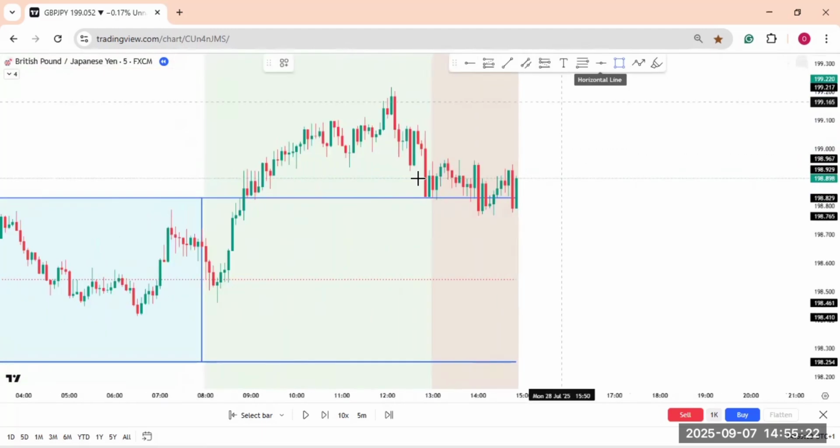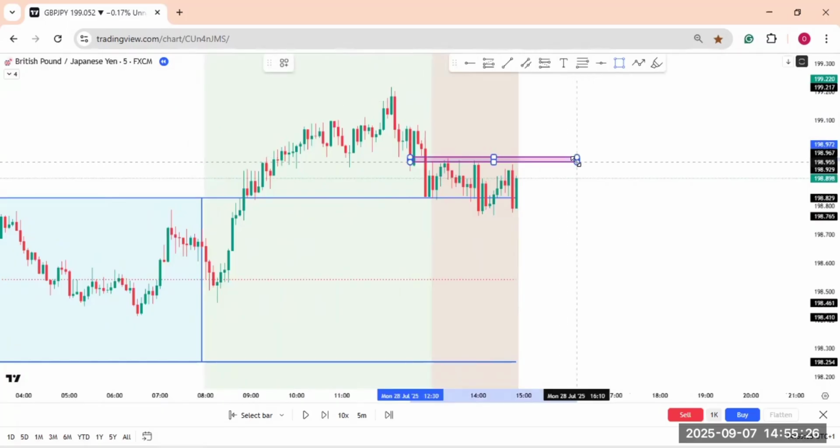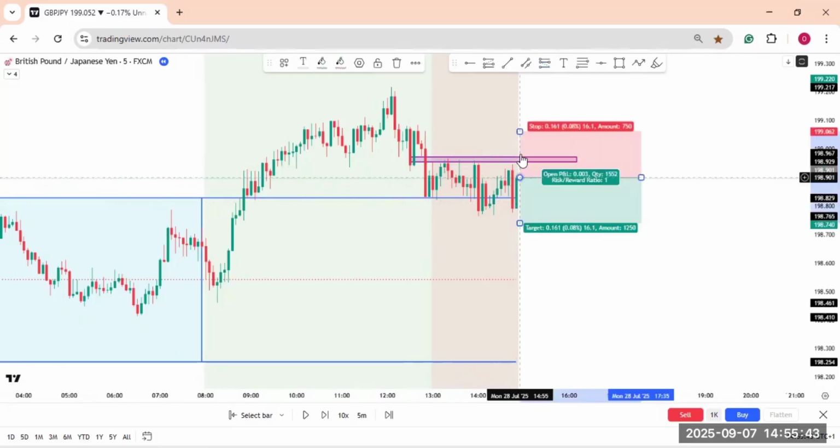So here we have our fair value gap when that change of character occurred, and we can see how price is hitting on this particular level. Price is finding it difficult to pass, and we will set our sell limit here. This candle that is coming up now, we will take our entry there.